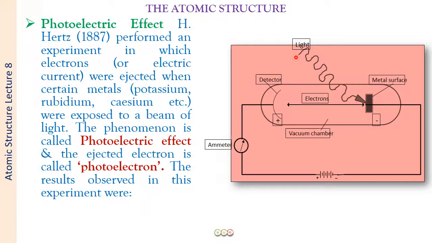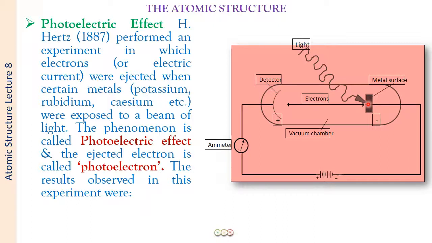So when light falls on the metal surface, what happens? Metal has free electrons, loosely bound to the surface. On receiving light energy, they absorb this energy. Their kinetic energy increases, and this helps them overcome the nuclear forces of attraction, and hence the electrons are ejected.